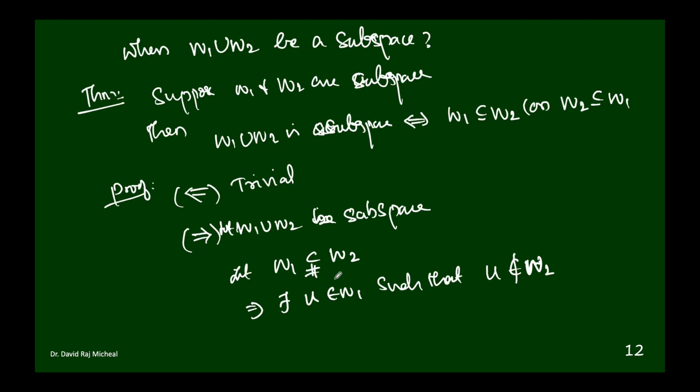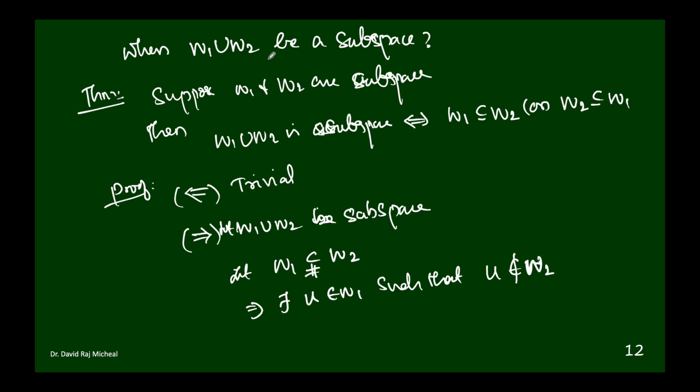Now what we have to prove is, if this is not happening, then this should happen. That's it, right? Which means W2 should be contained in W1, correct? That's what we have to prove.